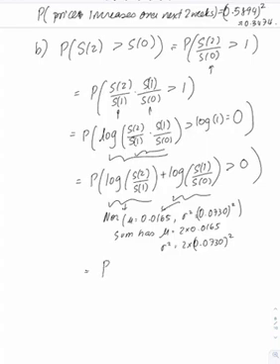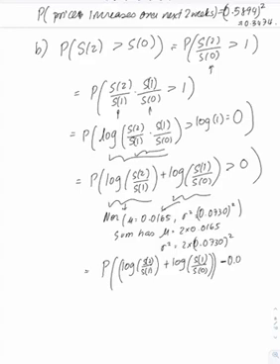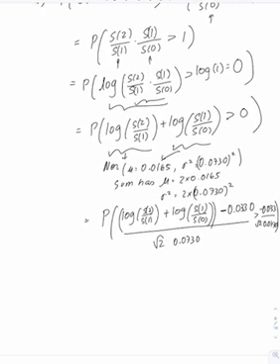So let's just subtract all that. Sorry, I'm running out of space there. All right, and now this guy is going to be normal 0, 1.